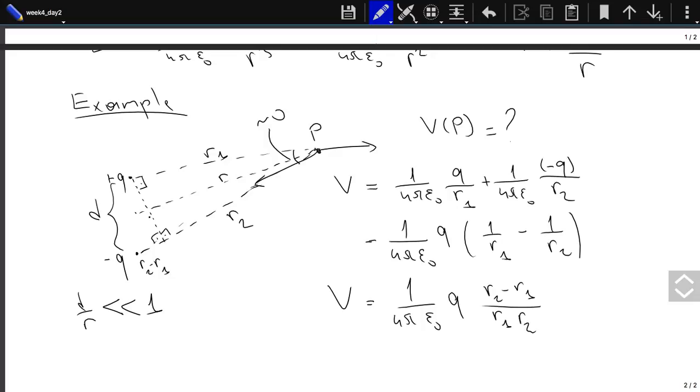Let's also define another angle. This angle is theta. So if that angle is theta, the angle over here will also be theta. Do you agree?